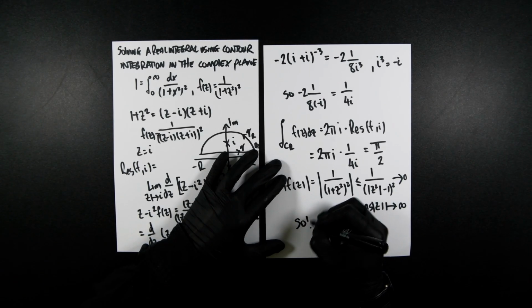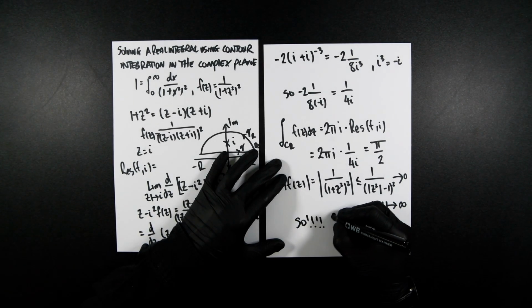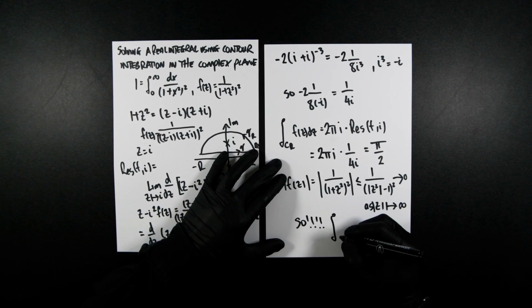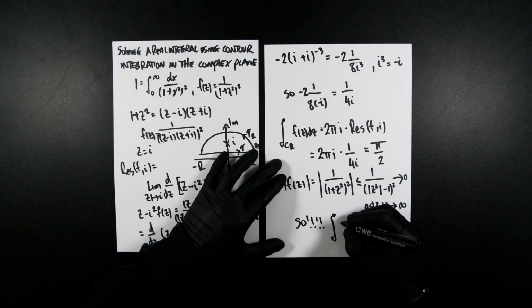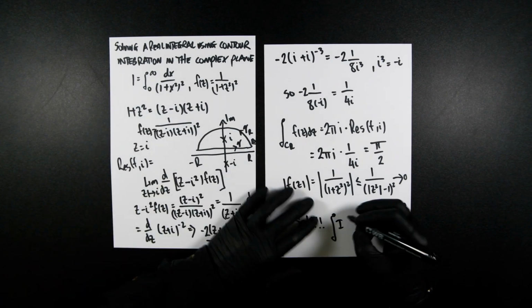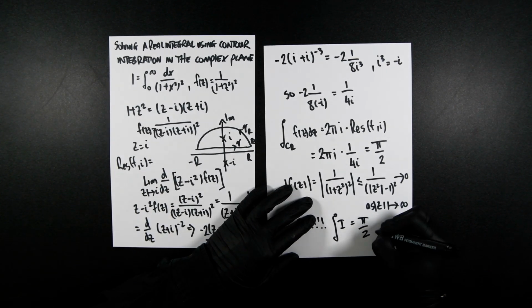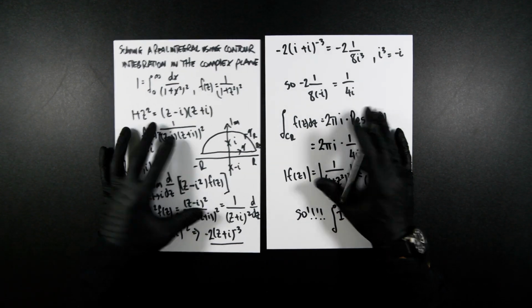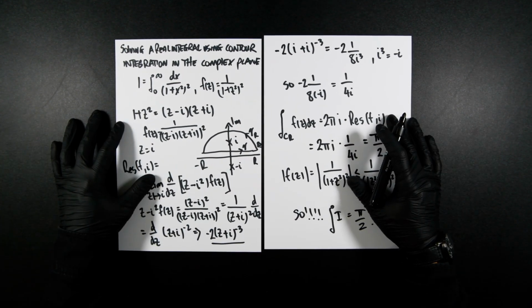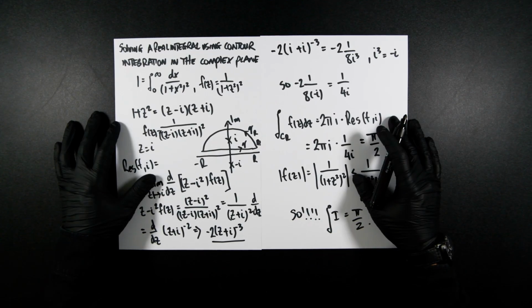So the integral, I'm just going to write I, I don't want to write that all out again, equals pi over 2. Not really that straightforward, a bit nasty, a bit horrible, but that's integral transform methods for you.